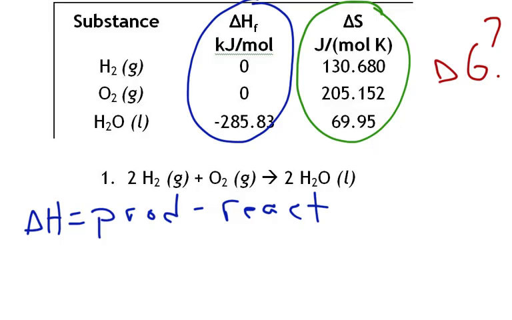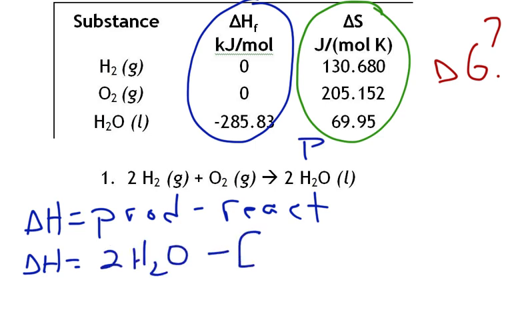So you just fill in the numbers. Delta H is equal to 2 waters, and we're going to subtract off our 2 hydrogens and our 1 oxygen molecule.